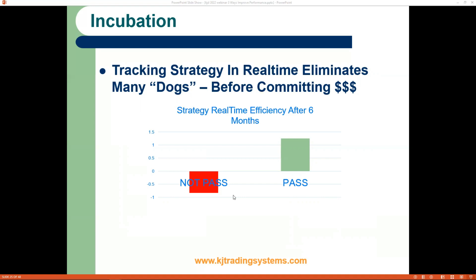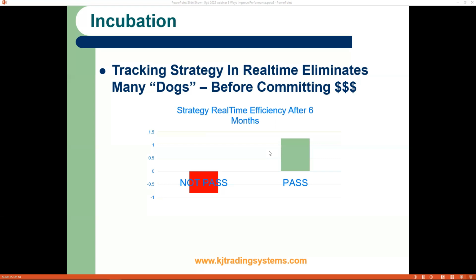And there's a certain level of efficiency that you want to see during that 6-month period. This chart shows you why, because the ones that perform badly aren't going to pass. The ones that are good will pass. So it helps you eliminate many of what I call dogs, strategies that looked good in back test but fall apart in real time.